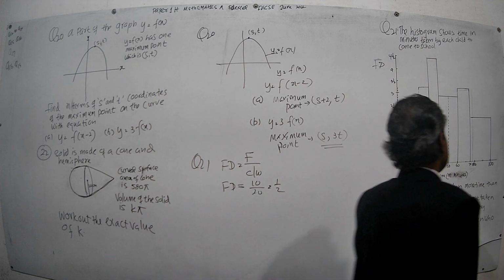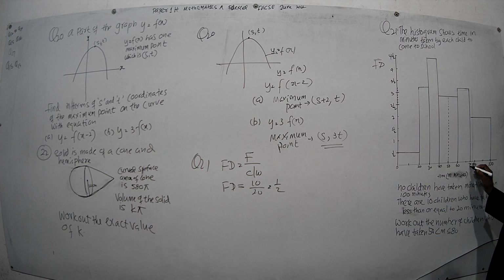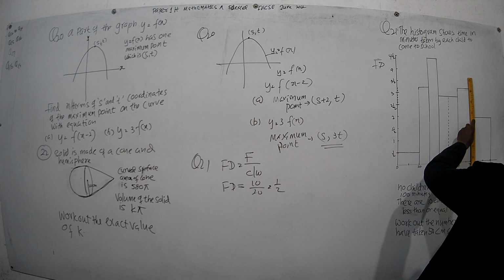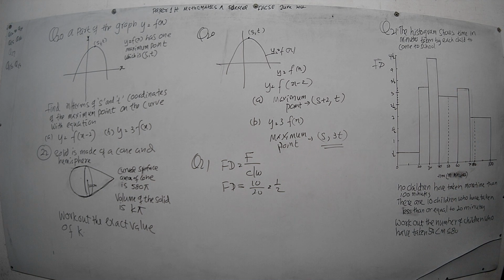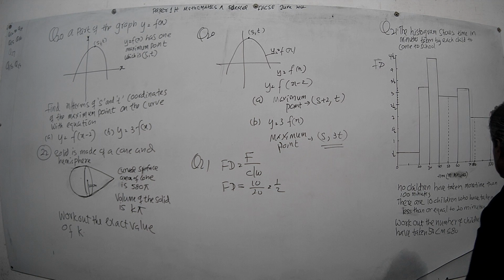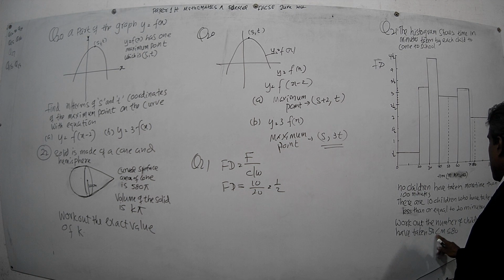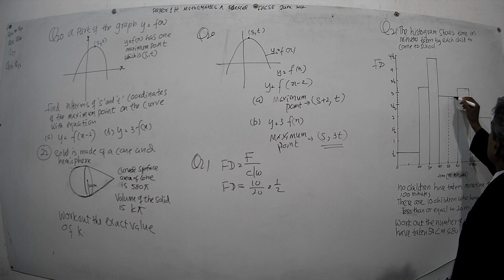Then this is 75 here. Then we have to draw another line here, at 80. Then the number of children who have taken time more than 50 but less than or equal to 80 means this whole area.